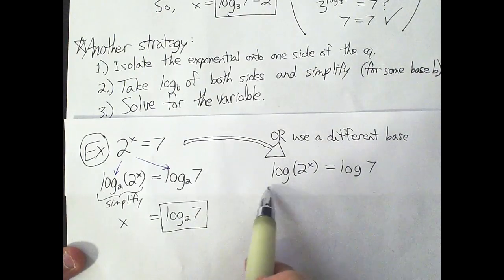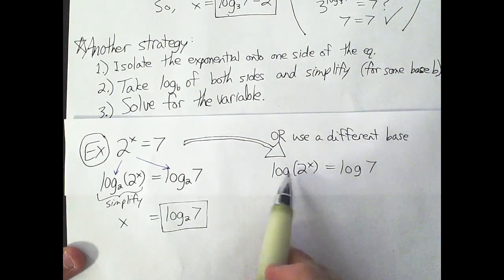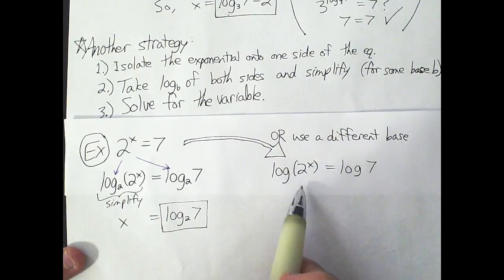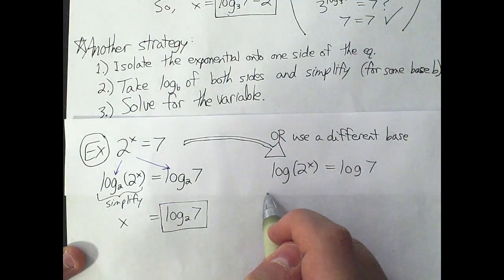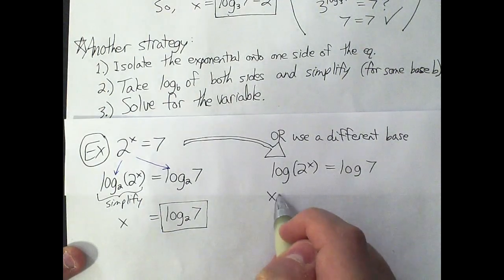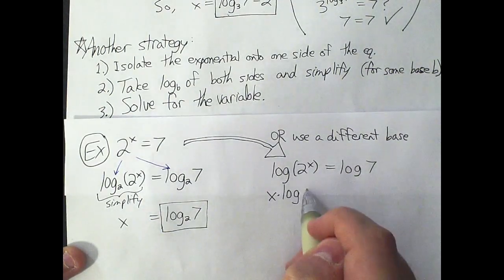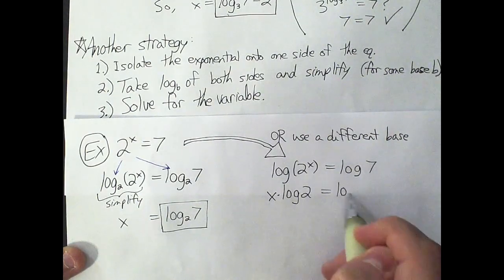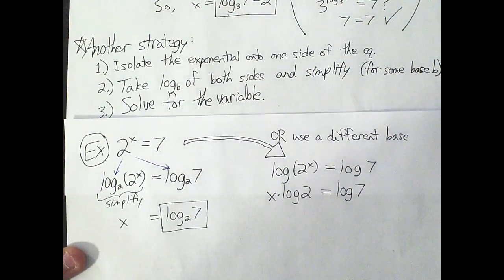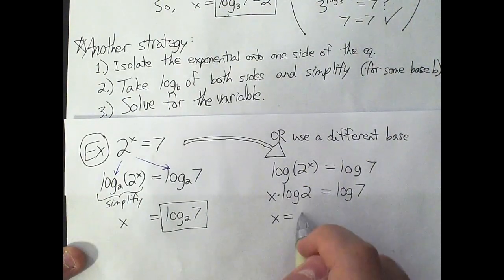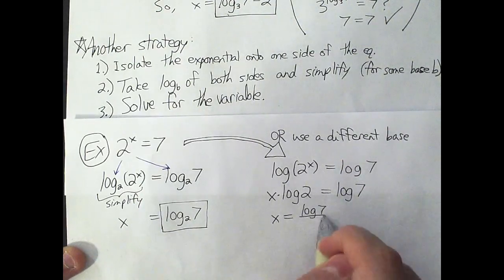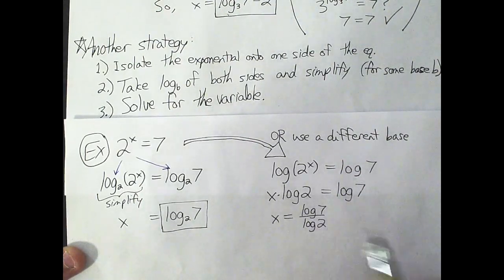Well, the log and the 2 to the x do not cancel each other out. This does not cancel out to just be x. But what I could use is that law of logarithms that says the x can be moved out front, right? Now divide both sides by log 2, and you get log 7 over log 2.